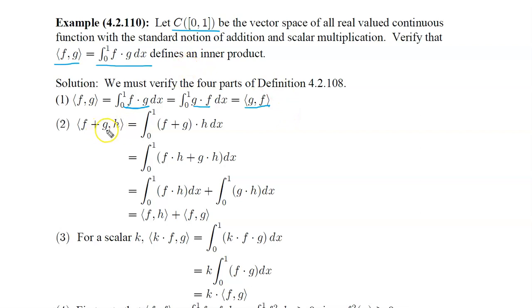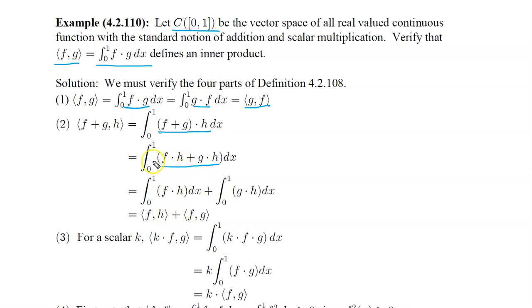Let's verify this property right here. So f plus g, the inner product of f plus g with h, that is going to be the integral from 0 to 1 of f plus g times h. And since this is all real number multiplication and addition, we can write this as this down here.